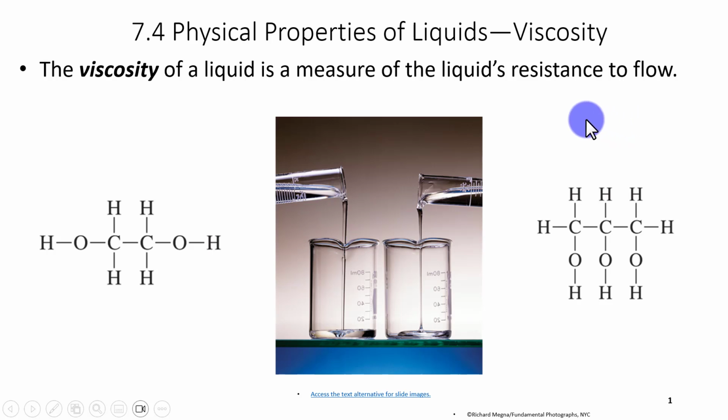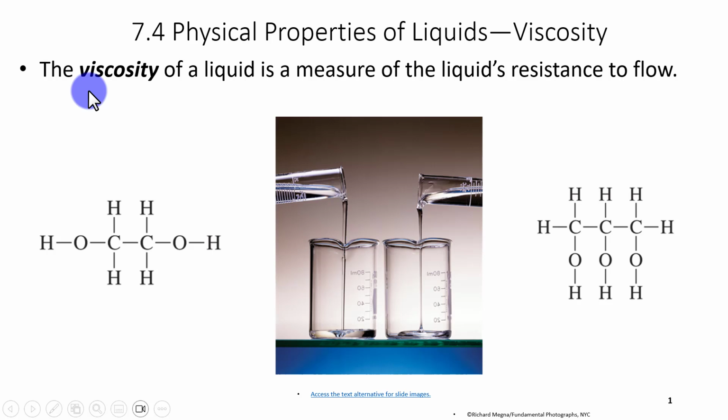And if we look to what is the key to how a liquid flows, it's going to be, you guessed it, the intermolecular forces. Those are very important in the physical properties of liquids and solids. How do intermolecular forces affect viscosity?